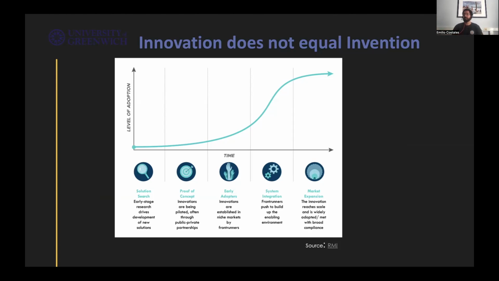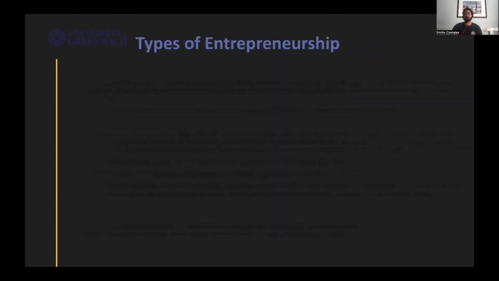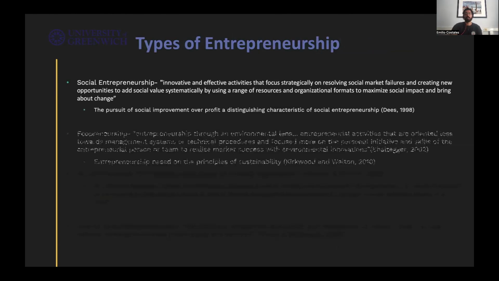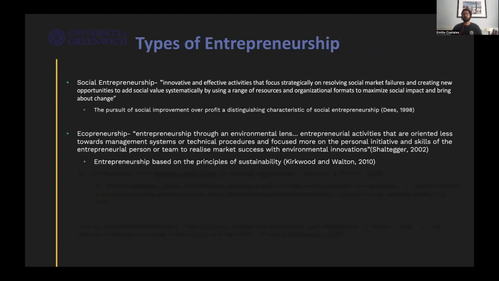And they are not limited to strictly economic pursuits. So, we have social entrepreneurship, for example, which refers to entrepreneurial behavior whereby social improvement is the end goal rather than the profit motive. We have ecopreneurship, which refers to those entrepreneurial endeavors that are based on environmental sustainability as an end goal.